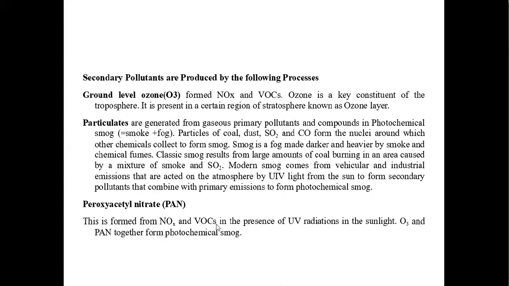So it is known as good ozone, whereas the ground level ozone is termed as bad ozone. And another term is smog. Smog is the combination of smoke and fog. Peroxyacetyl nitrate, or PAN, is formed from oxides of nitrogen and volatile organic compounds in presence of ultraviolet radiations in the sunlight. Both ozone and PAN together form photochemical smoke.